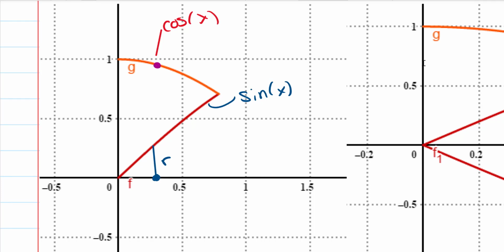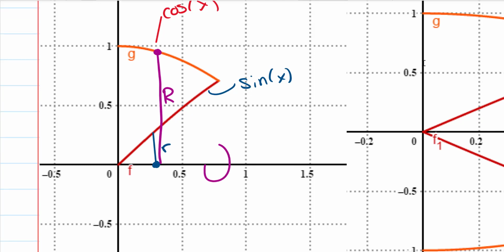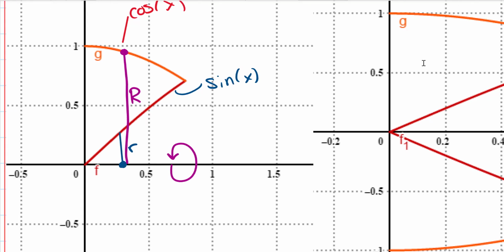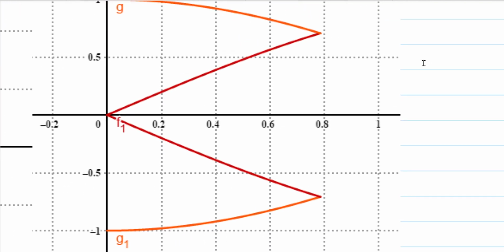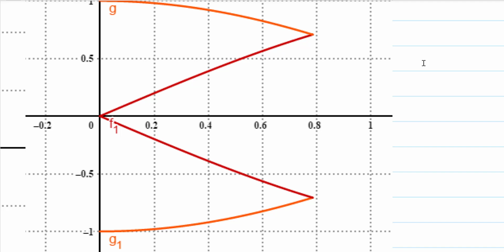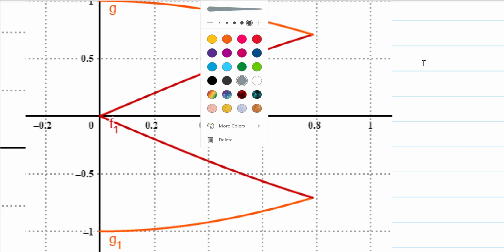And for cosine of x, from here all the way down to the bottom, we get capital R. So we have two distinct radii. If I were to revolve this around the x-axis like that, I would get something that looked like this in the two-dimensional plane. And what we're going to do here is create the disk for each one. If you look at the inside one, we're going to get certain disks.